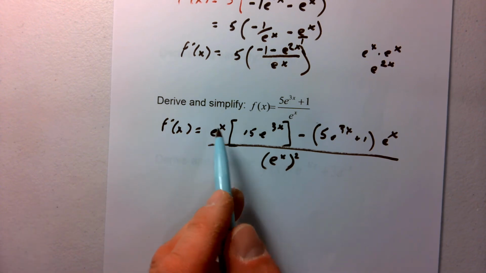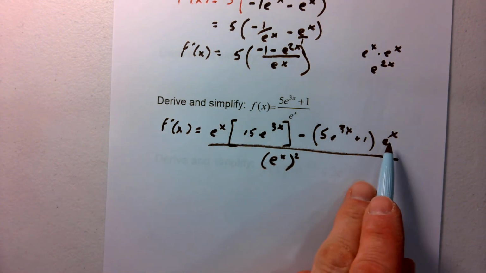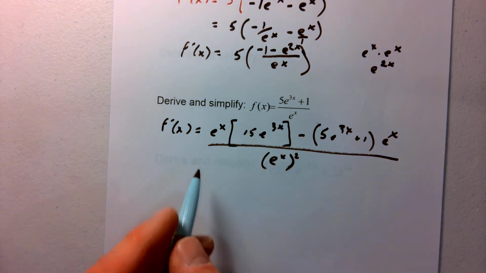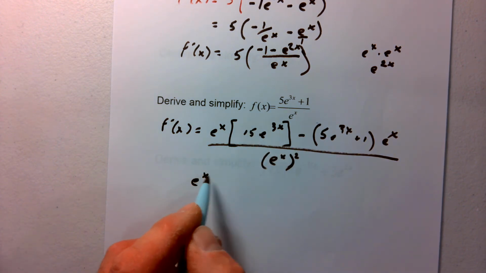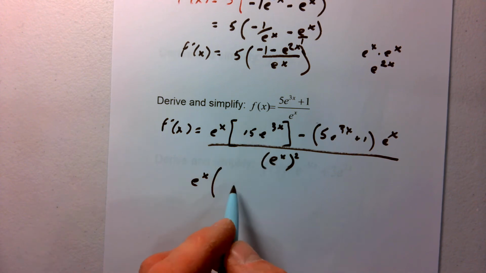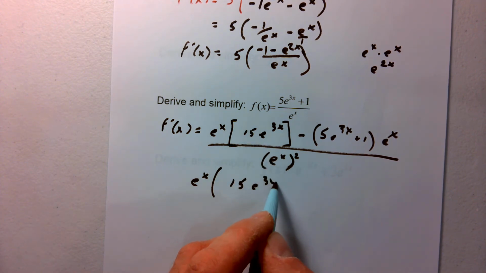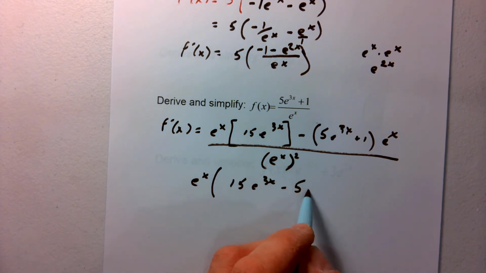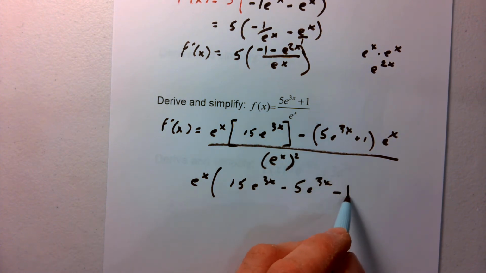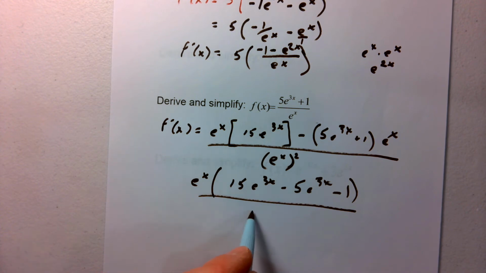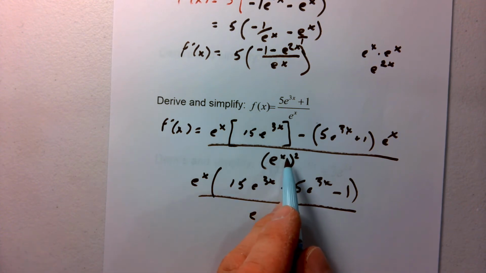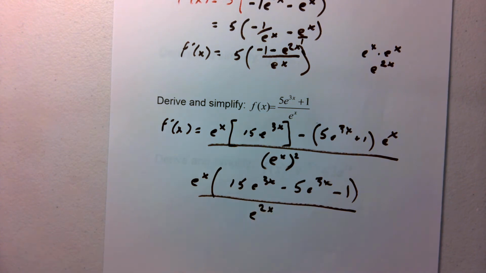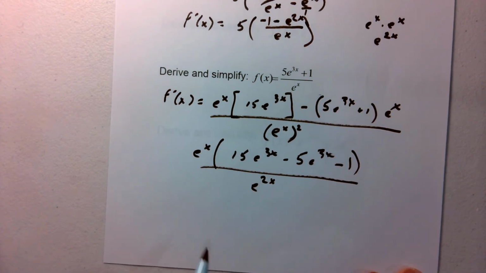To clean this up, I notice here that I have e to the x in both my numerator terms. So I'm going to go ahead and factor out that e to the x. And we're left with the 15e to the 3x. I'm going to multiply this negative through, so I get a minus 5e to the 3x minus 1, all over e to the x squared. We're going to multiply those exponents by our exponent rules and get e to the 2x.